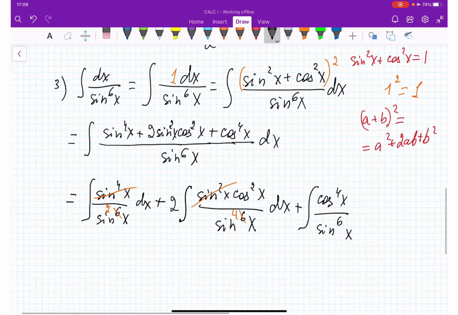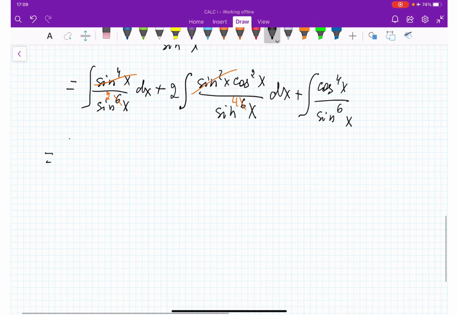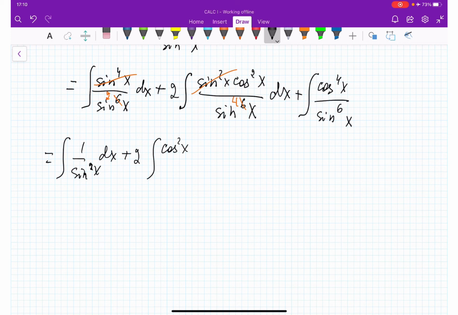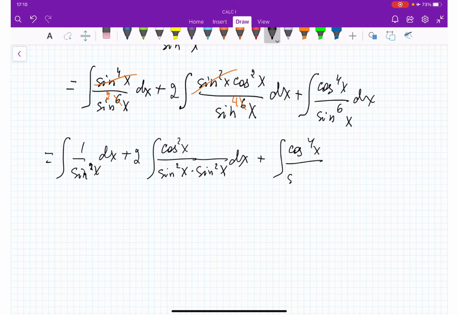Okay, so we have the integral of 1 over sine squared x dx, plus 2 times the integral of cosine squared x, break down here sine squared x, times 1 over sine squared x dx, and then plus, same way, cosine degree 4x over sine degree 4x, and then over sine squared x dx.